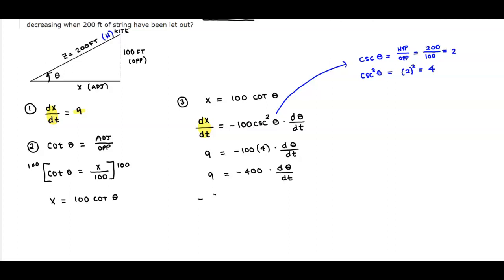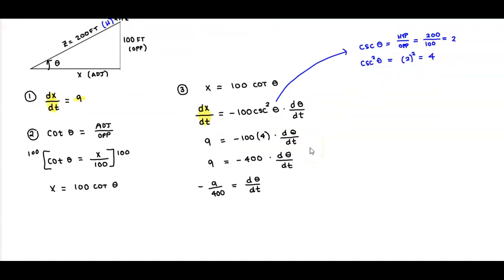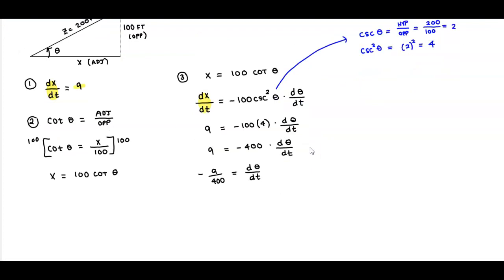So we get negative 9 over 400, and that's equal to d theta over dt. And so therefore, our answer would be negative 9 over 400, and that would be radians per second.